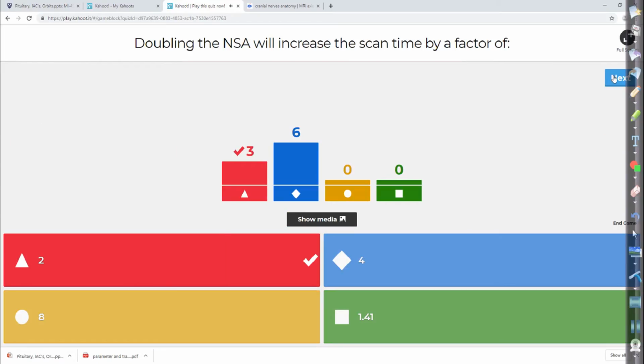Double NSA, double scan time. Well, as long as you understand the concept, hopefully the app is just screwing up.